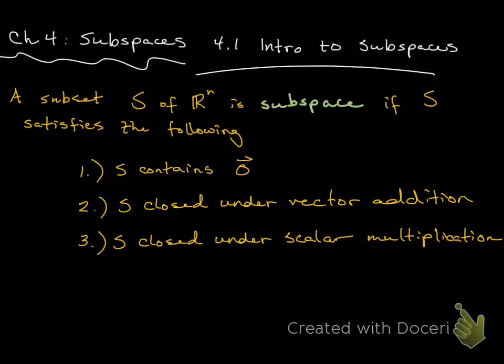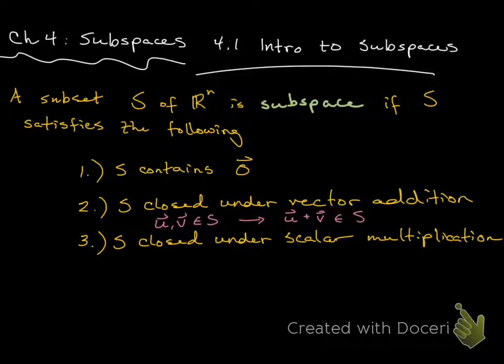Vector addition means that if we have 2 vectors in our set, u and v, and we add those together, u plus v, we should still be in our set. That's what it means to be closed under vector addition.